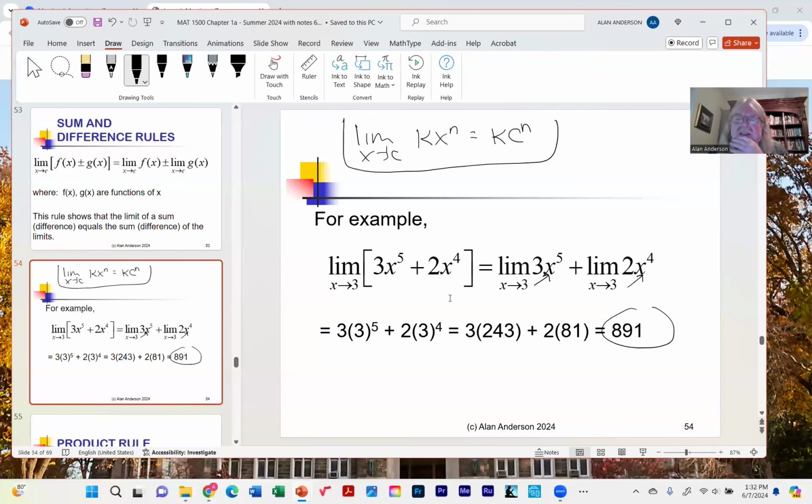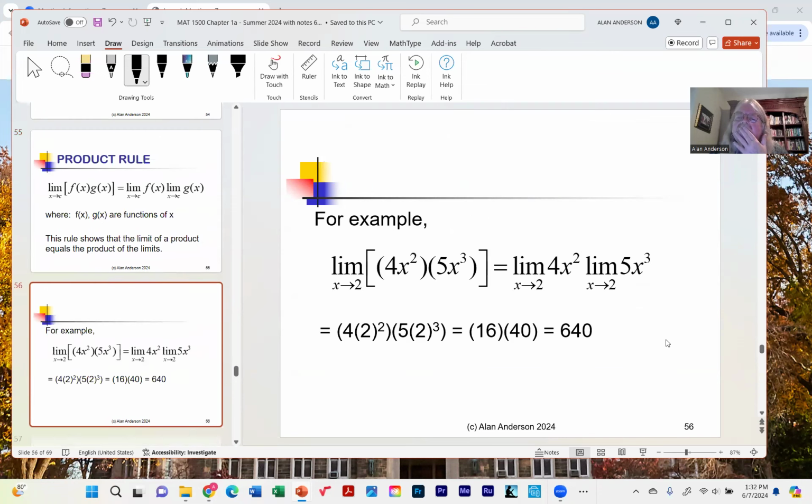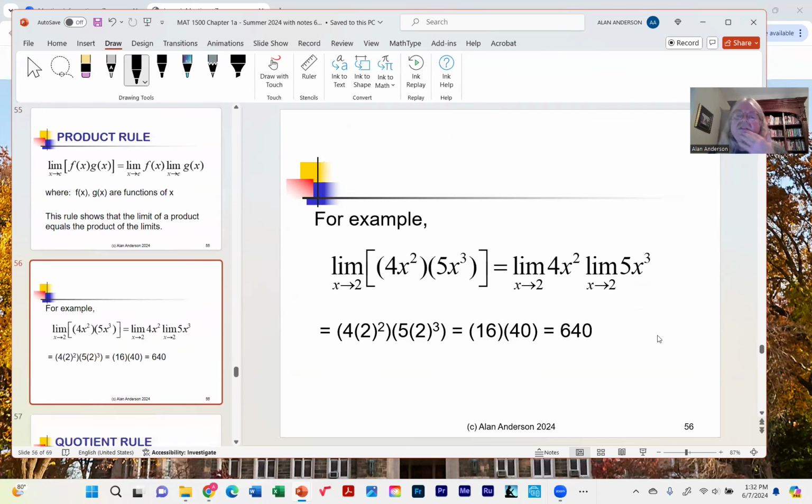Now, here's an interesting one. This one is called the product rule. The limit of a product is the product of the limits. Couldn't be more straightforward. So here we go again. This time, we're breaking this up into two separate limits. And again, we have this form.